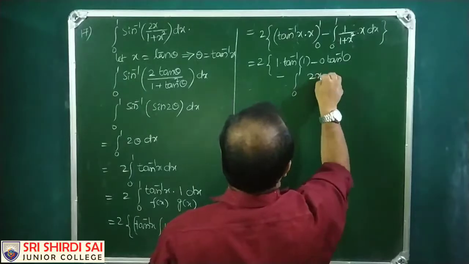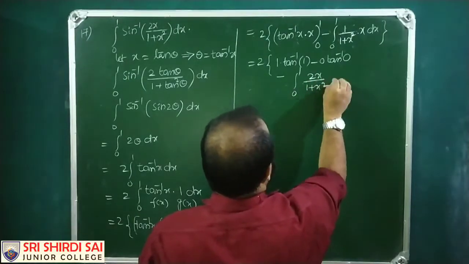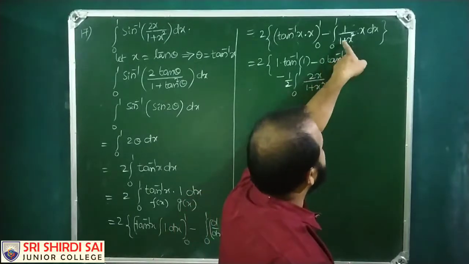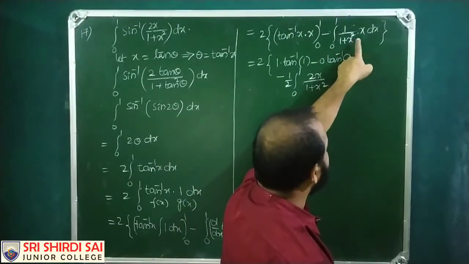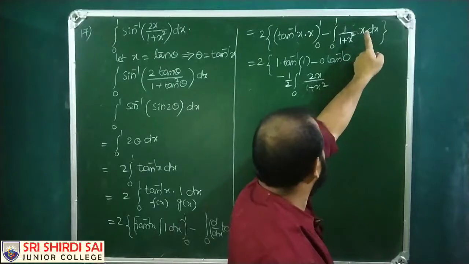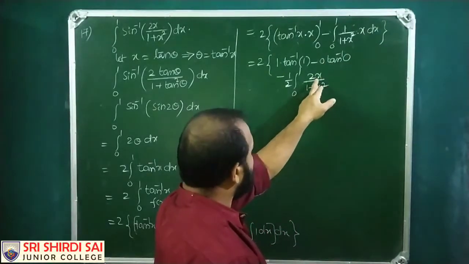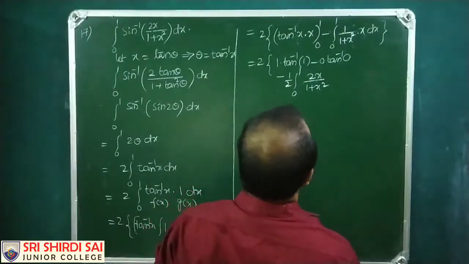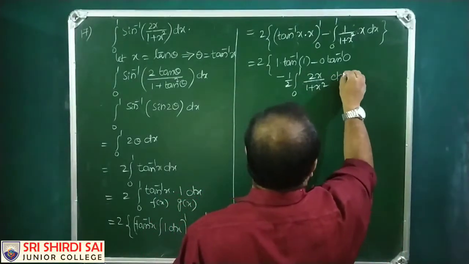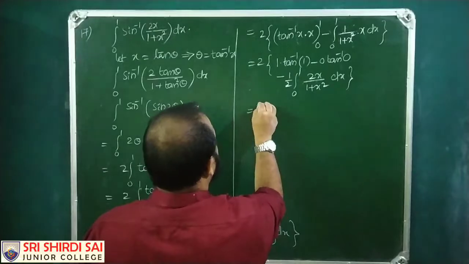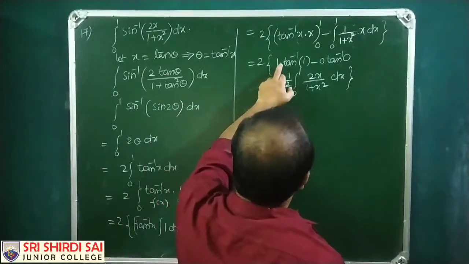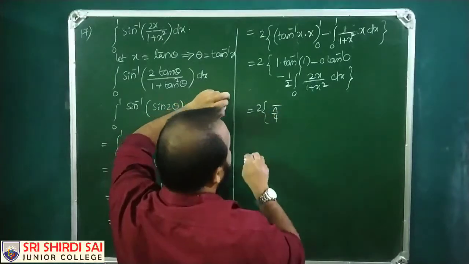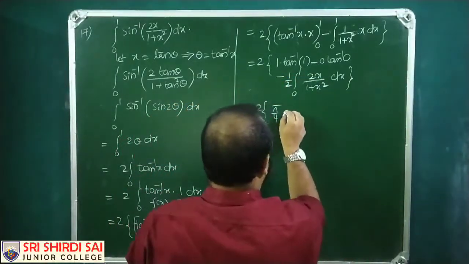So 2x by 1 plus x square into 1 by 2. May I write this? Because the derivative of 1 plus x square is 2x, but only x is there, for which I have adjusted with a 2, dividing and multiplying with a 2, into dx. So 2 into tan inverse 1 is pi by 4, minus 0 into something is 0.